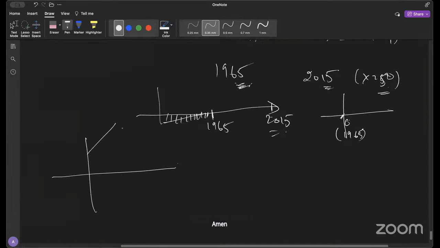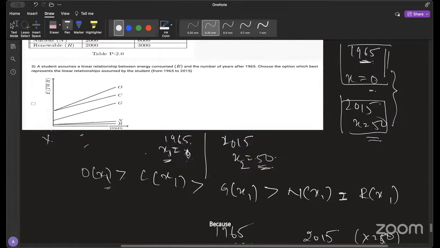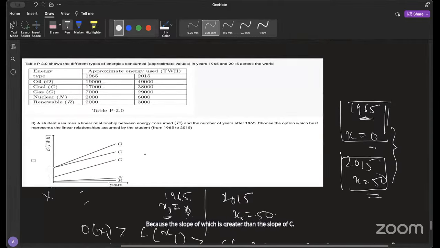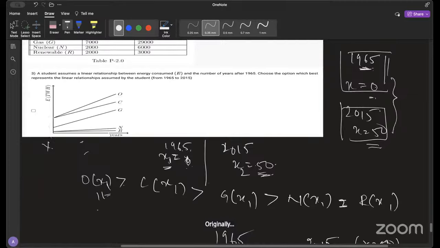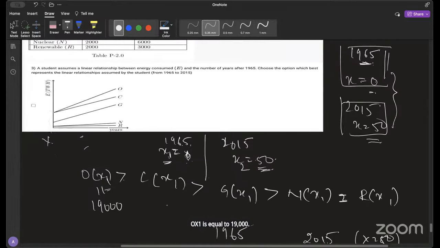Ma'am, you are saying that O of x is greater than C of x because the slope of O is greater than the slope of C. Oh no, look at the initial point. Originally, O of x1 is equal to 19,000 and C of x1 is equal to 17,000, right?